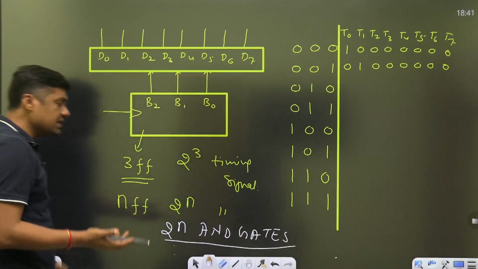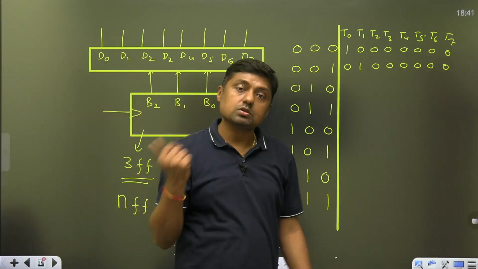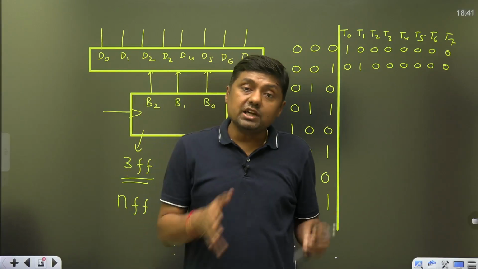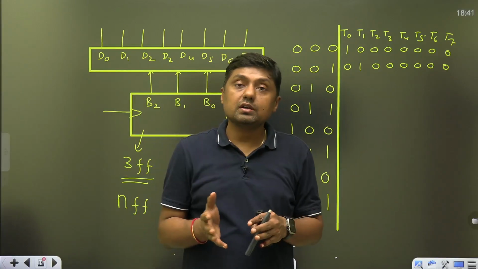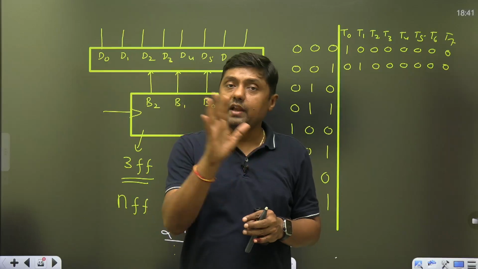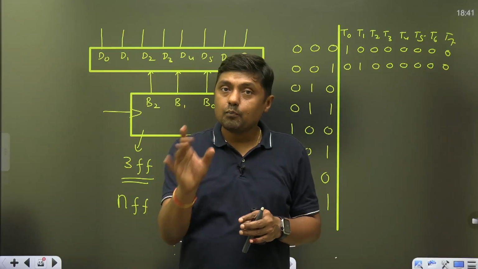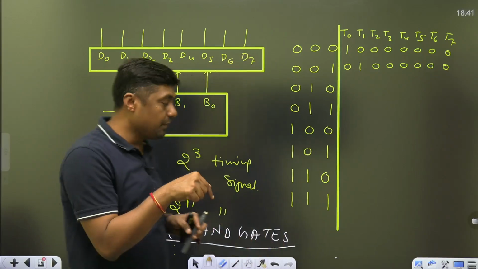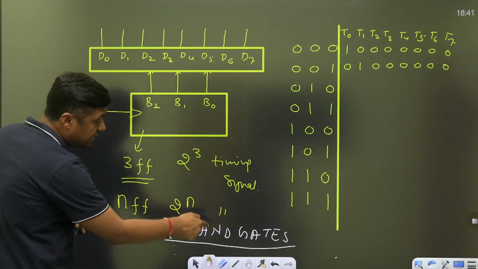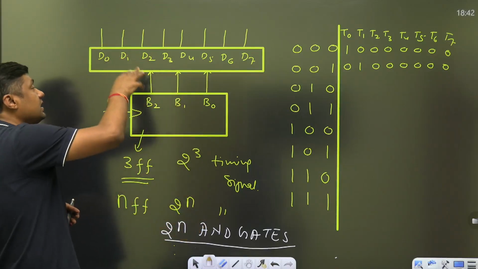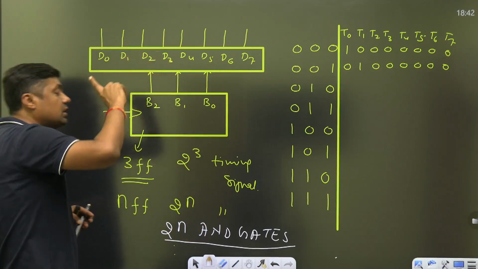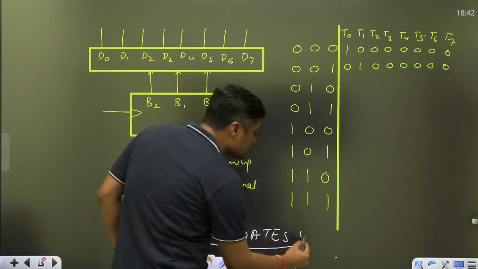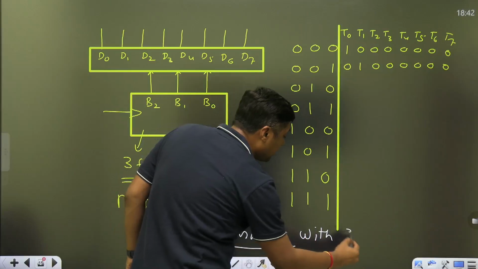Same AND gates are required in the case of the Johnson counter also. So what is the difference between this and the Johnson counter? In the Johnson counter, 2n AND gates are required, but every AND gate has 2 inputs only. Here, 2 to the power n AND gates are required, and if there are 3 inputs to the decoder, then 3 input pins.